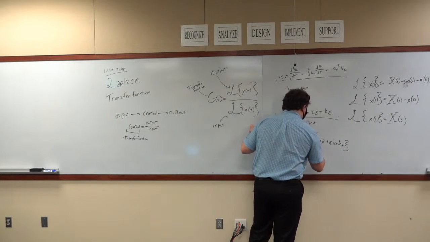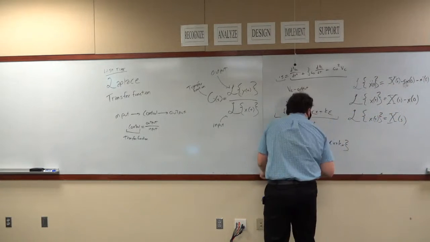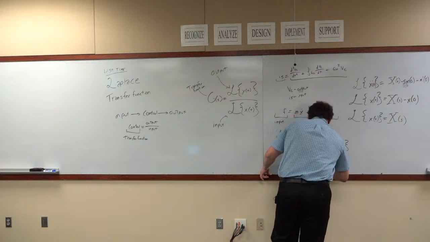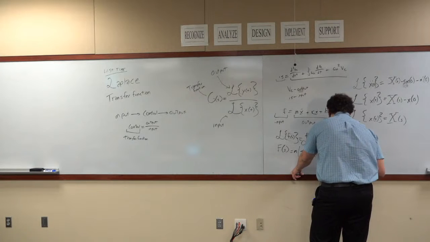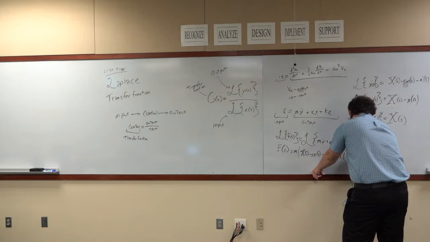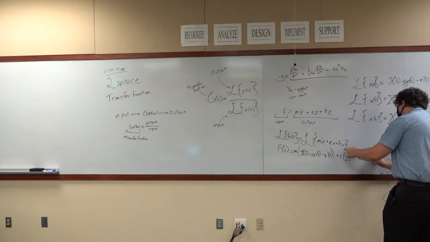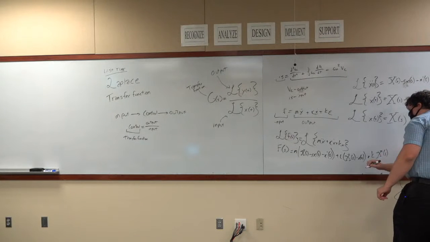This becomes m multiplied by this value, which is capital X of s minus s x 0 minus x prime at 0, plus c times this value, X of s minus x0, plus k times this value, which is just X of s.